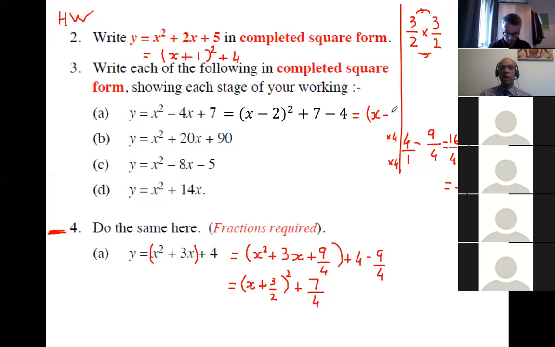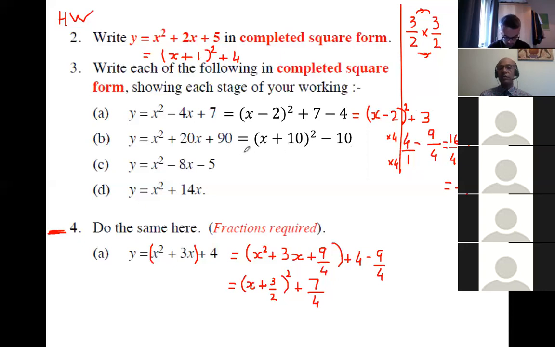So your end result here would be x minus 2 squared plus 3, because 7 minus 4 is just positive 3. On the next one, I've got x plus 10 squared, because we've halved the 20. And this time we need to compensate with minus 100.